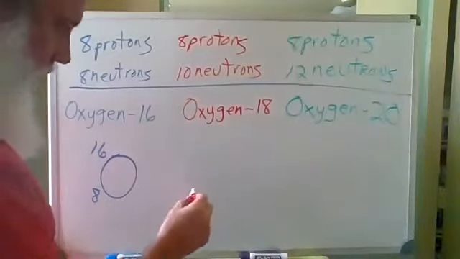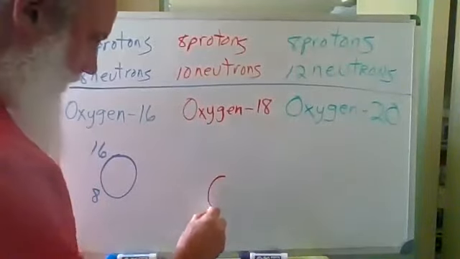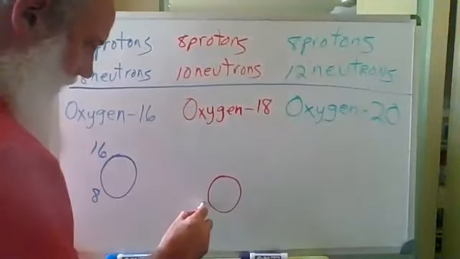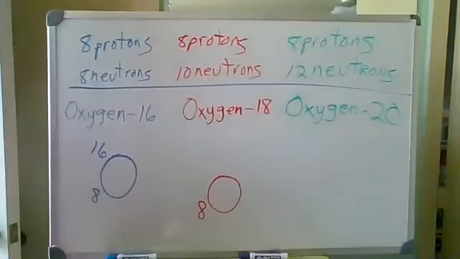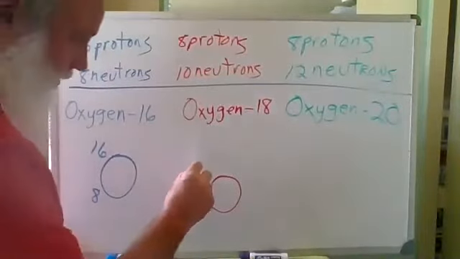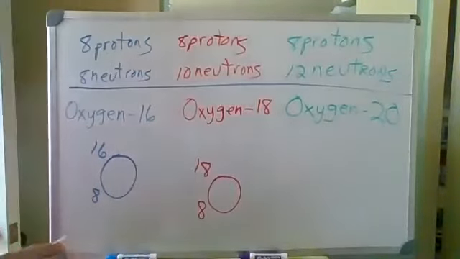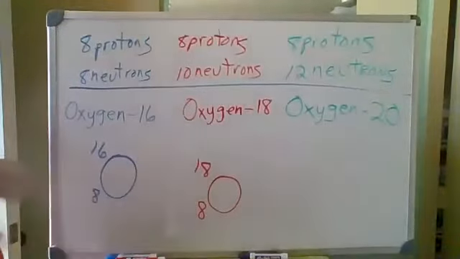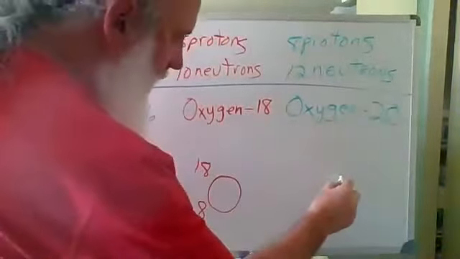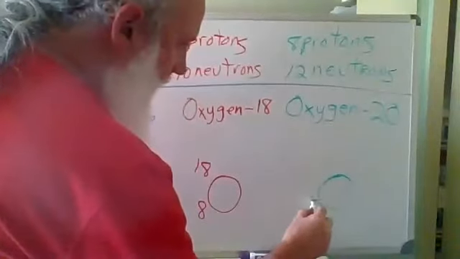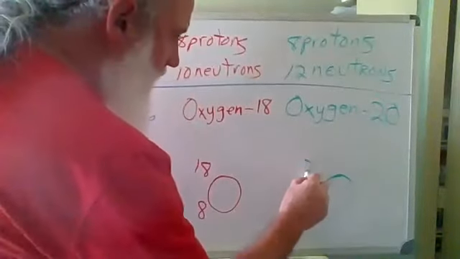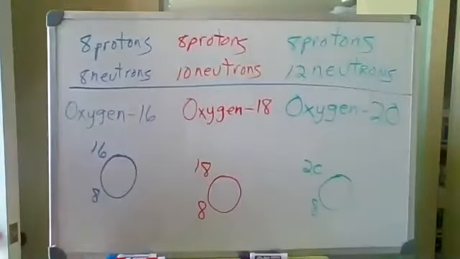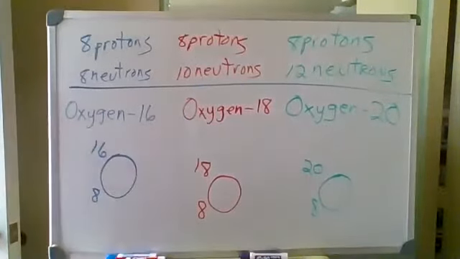Now, this one would be oxygen again, with the number of protons, which is the atomic number, and up here is the mass, which is 18. And finally, you can probably figure this one out: O for oxygen, 8 protons, and a mass of 20. So we have two different ways of doing that.